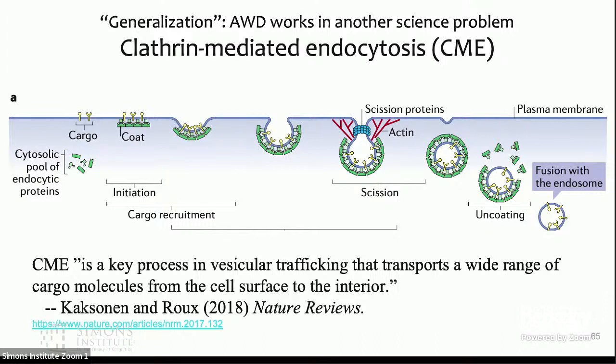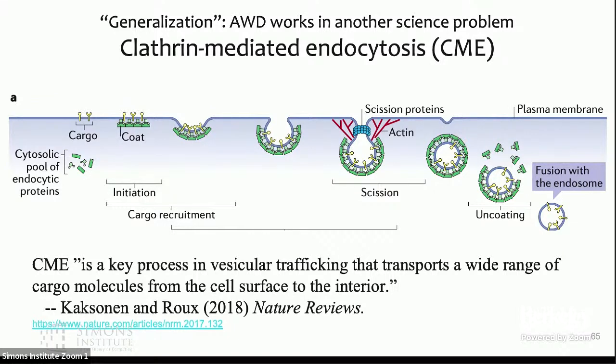And first, the cell will line up cargoes outside the cell. And then it creates a little pocket. And then there are scissors called actin to cut it in, and then you unpack. So this is one way that the cell gets its food into the cell, not through a channel.